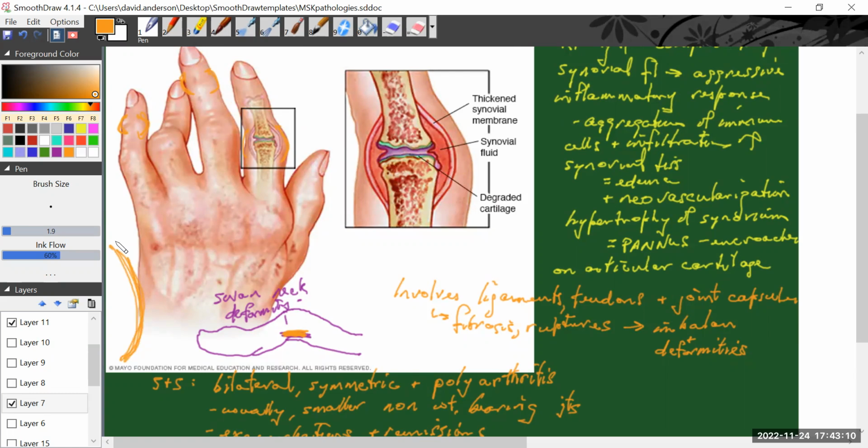Because of an imbalance between the ligaments on the radial side and the ulnar side, you get a pull towards the ulna. So that's called ulnar deviation. Swan neck deformities, where you have hyperextension of the distal and flexion at the proximal, and vice versa, can give you different types of deformities.